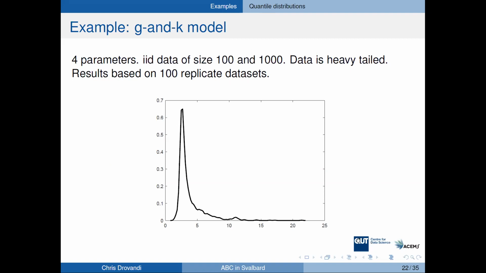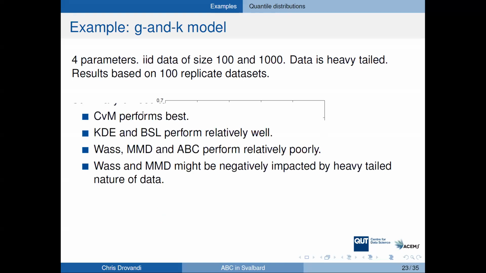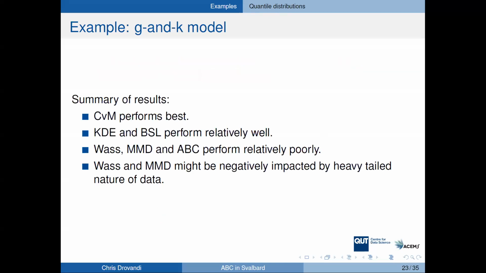As you can see here, the data is quite heavy-tailed, and we've assessed the results based on 100 replicate data sets. For this example, we found that the CVM seems to perform the best. The KDE and the BSL performed relatively well. We found that these particular methods performed relatively poorly. And we think that the Wasserstein and the MMD didn't perform so well because they were probably impacted by the heavy-tailed nature of the data.